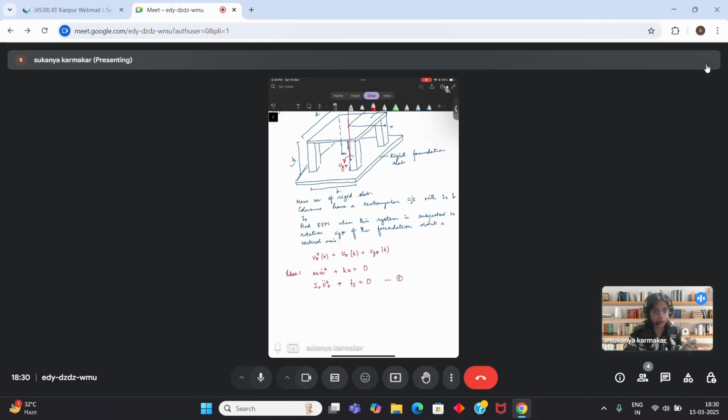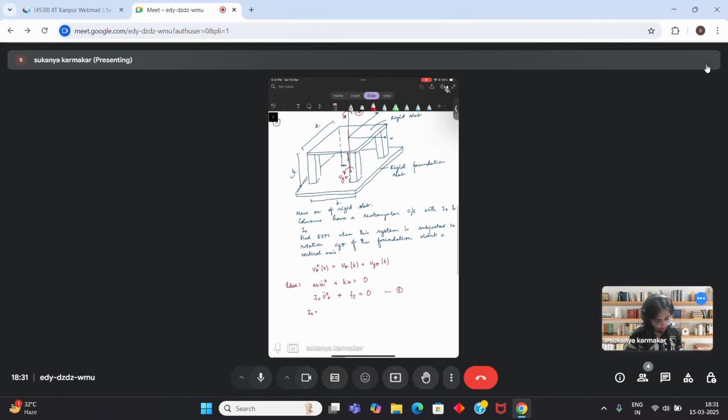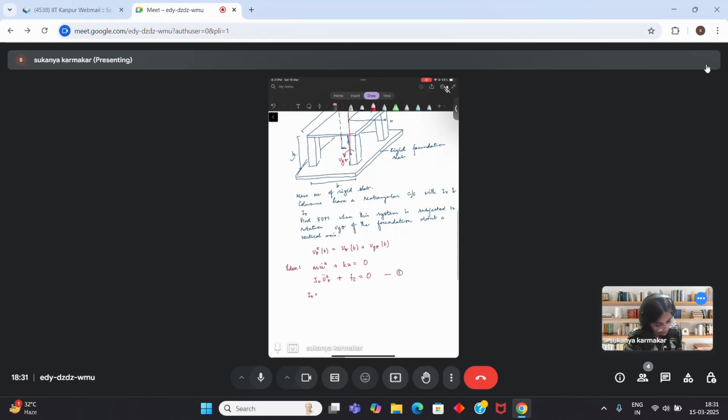And what will be this I naught? That is the moment of inertia for this rigid slab. This we already know from our high school physics that it should be m times b squared plus d squared by 12.